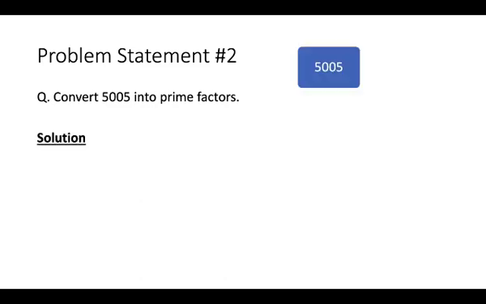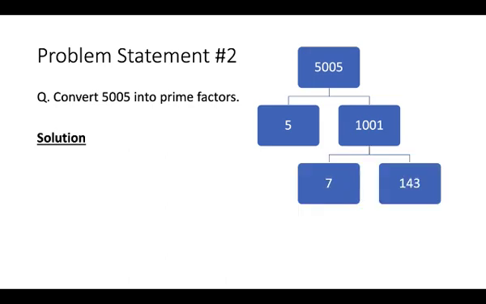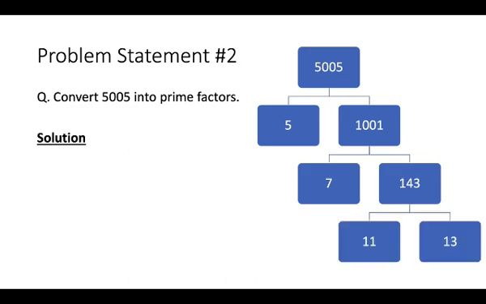One more question. Express 5005 as a product of prime factors. Now, 5005. First, 5 and 1001. Then 7 and 143. Then 11 and 13.